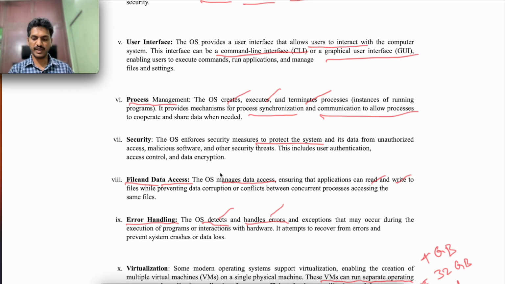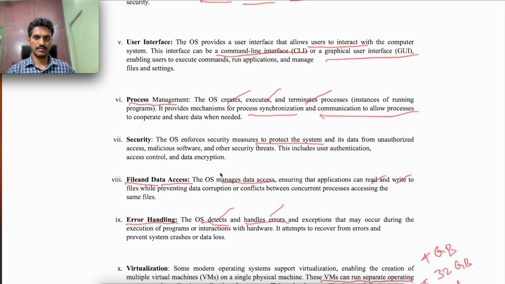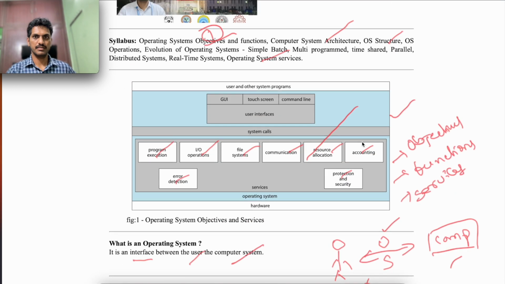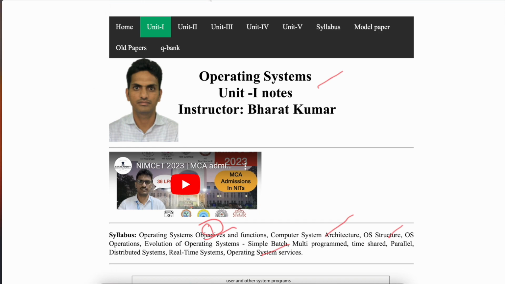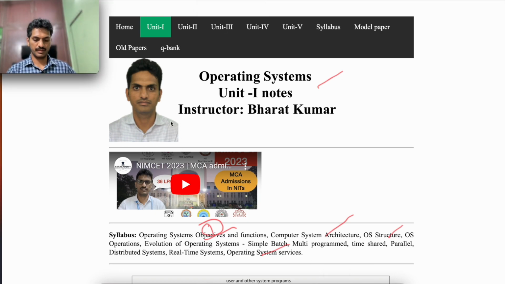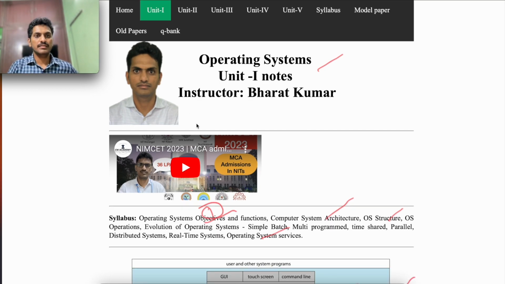Suppose you bring task 1 to task 10 into one batch. That is the batch processing.